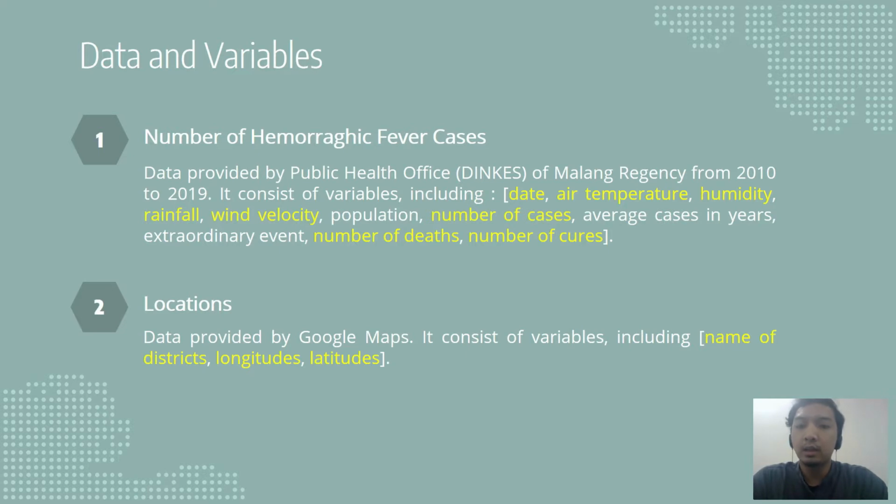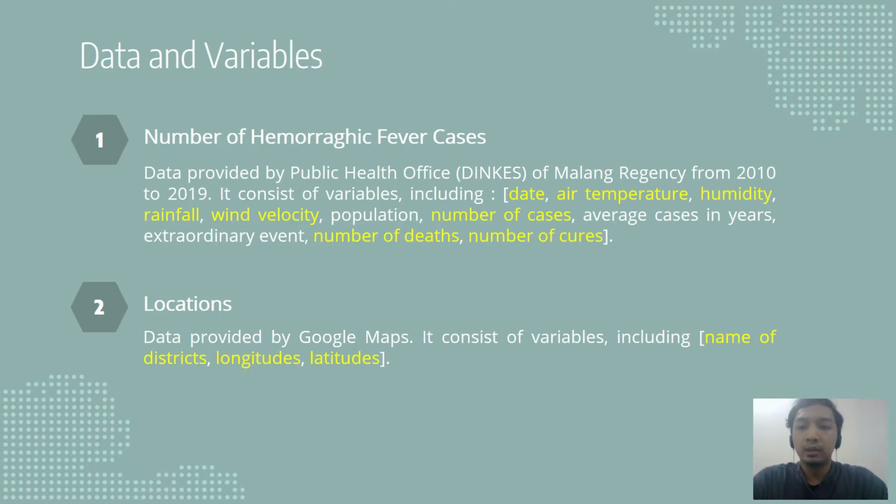It consists of variables including date, air temperature, humidity, rainfall, wind velocity, population, number of cases, average case in years, extraordinary event status, number of deaths, and number of cures.